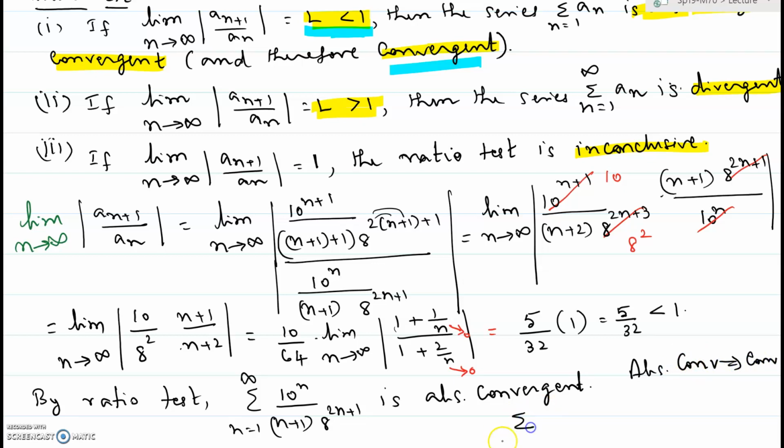Therefore, the given series, 10 to the n over (n plus 1) times 8 to the exponent 2n plus 1, is convergent.